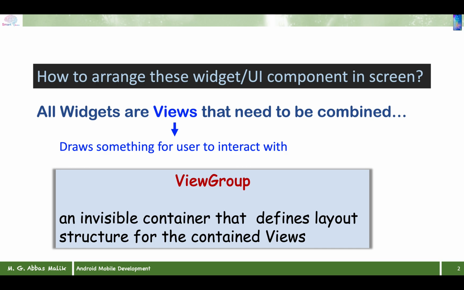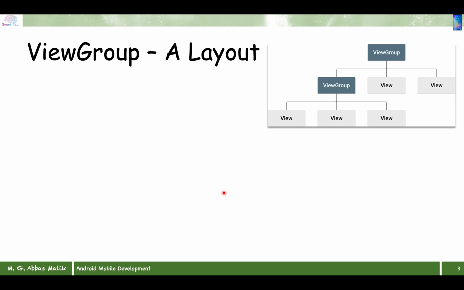Eventually view group is also a subclass of the view itself, because it is something visible to the user which the user can interact with. And a visible container that defines layout structure for the contained views, that is a view group, and that will define its layout.